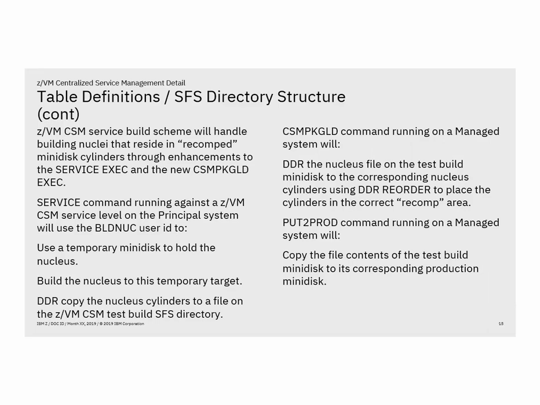So when it gets to the point of having to put a nucleus on the 490 minidisk, what it's going to do is DDR the nucleus file that exists in the SFS directory to the alternate build minidisk, the 490, and then that installs that update to the CMS nucleus. You can then test on that managed system by linking to that minidisk. When you run PUT2PROD on the managed system, it functions without change. It just copies from the 490 to the 190.